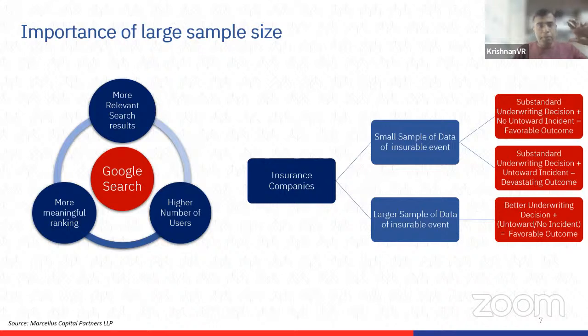So, maybe a close enough example would be, if you're trying to find the best engineer in India, or the best set of engineers in India, what would be your criteria? Would you look at the ranking of a person in one college, or would you rather look at the ranking in a national level exam like the IIT joint entrance? In IIT, we know that more than 3 lakh, 4 lakh candidates appear for these exams.